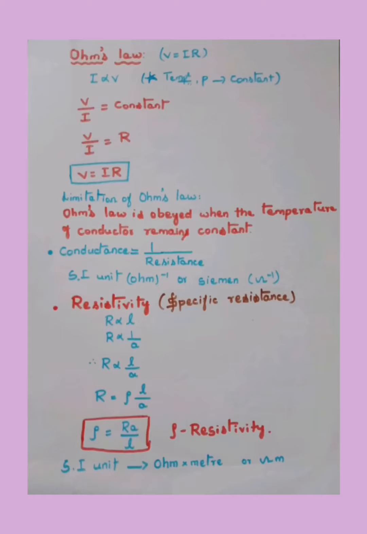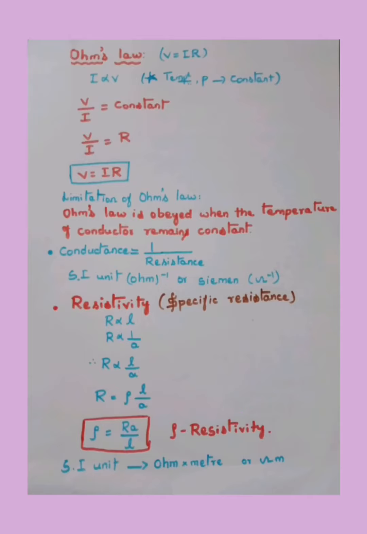Specific resistance of a material is the resistance of a wire of that material of unit length and unit area of cross section. In simple terms, you consider a conductor. To calculate the resistivity of this material, we require the length of the conductor and the area of cross section. Applying this along with the resistance, you can calculate the specific resistance.